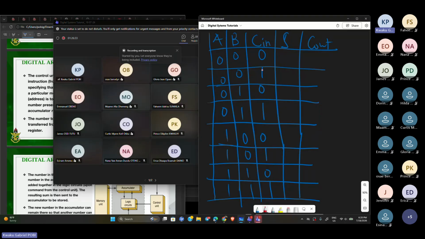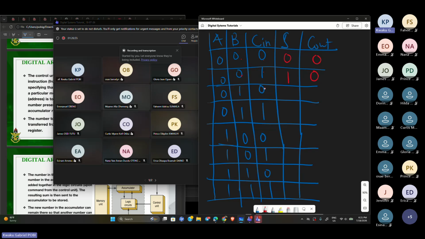So here, when you add 0 to 0, then add it to 0, you get 0, carry 0. When you add 0 to 0, you still get 0. Then you add 1 to it, you get 1. So the sum is 1, the carry is 0. Here you add 0 to 1, you get 1.